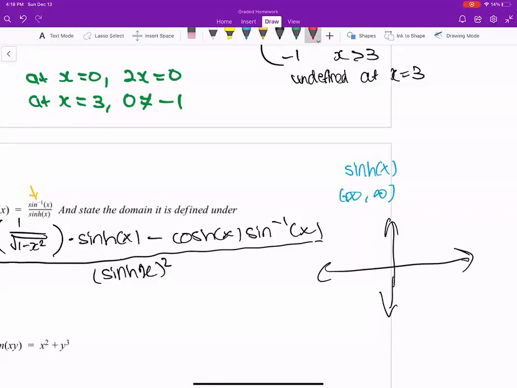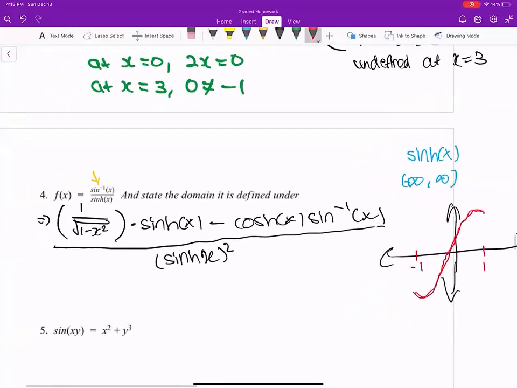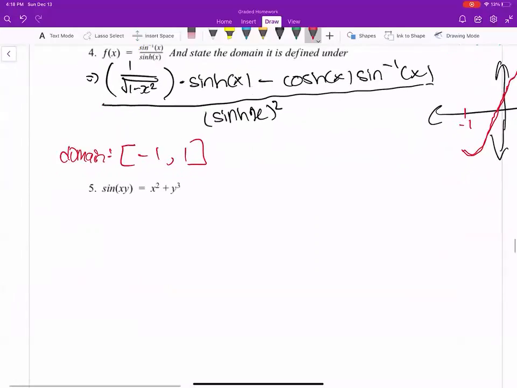Let me just draw a quick diagram where this is negative 1, this is 1. Oops, kind of hard to draw a straight line. So your domain only goes from negative 1 to 1. So you have to specify here that sin inverse x is only defined on negative 1 to 1. So it's important you guys remember that.